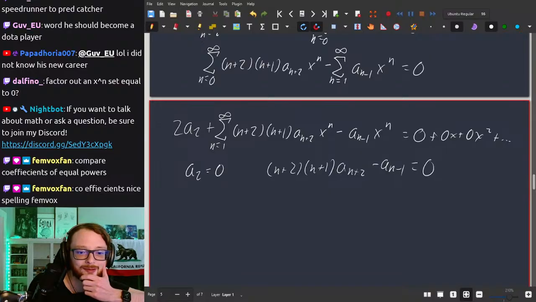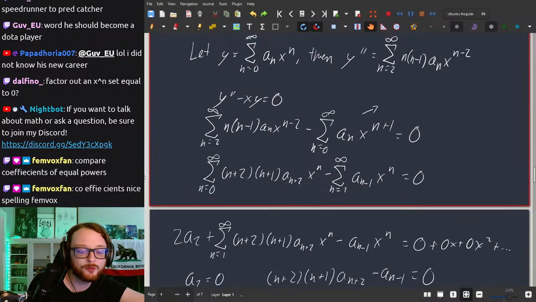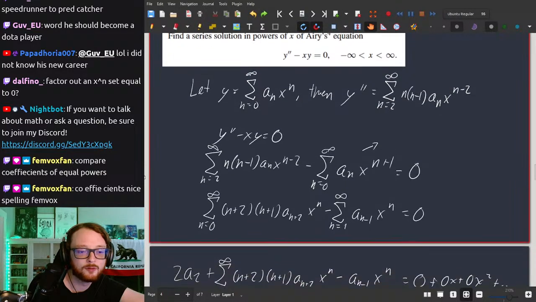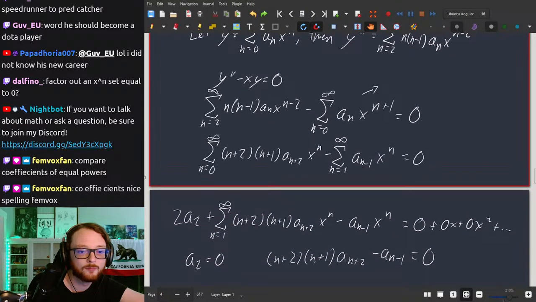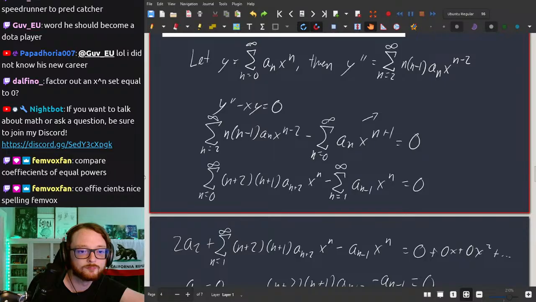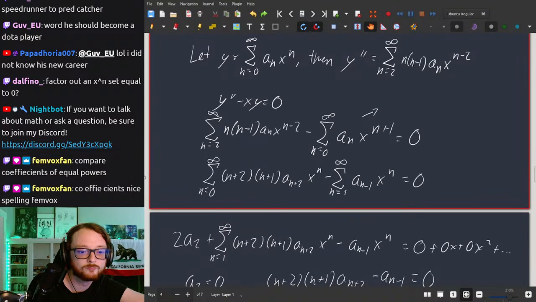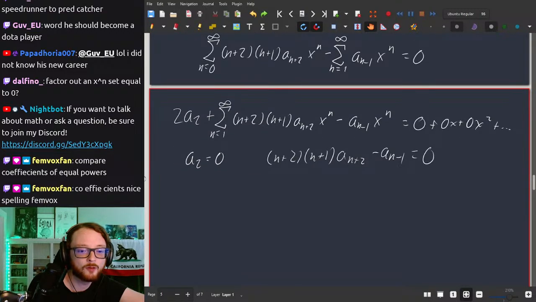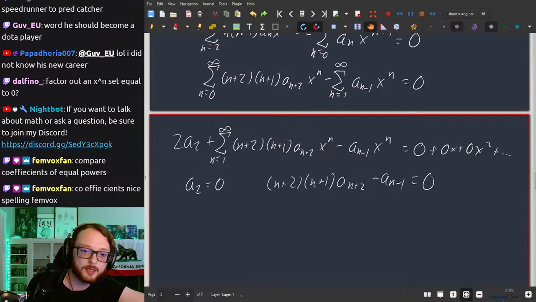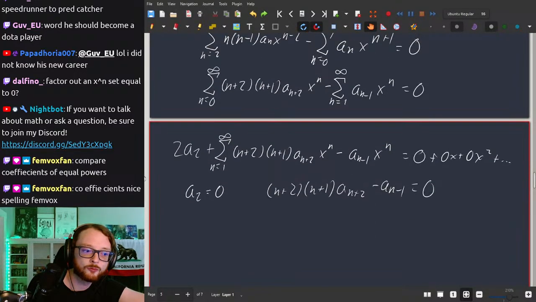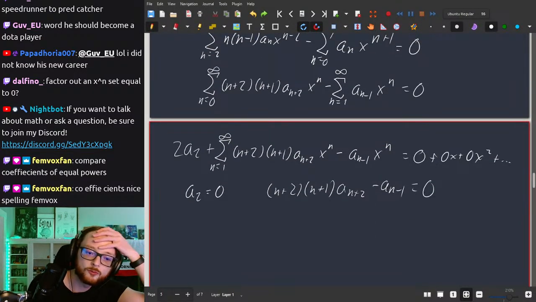But let's see what we can get with this. So we know a sub 2 is 0. Do you know anything about a sub 0 or a sub 1? No, we can get it in terms of a sub 0 and a sub 1. We can take them as constants. Yeah, it's second order, so we do get two constants. I think that's what you do with those.